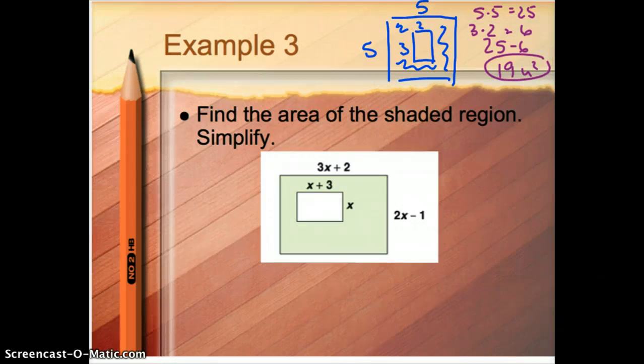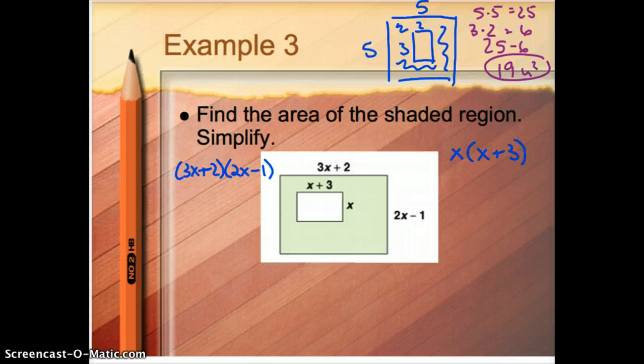So what I'm going to do is find the area of the outer rectangle first. So I'm going to do 3x plus 2 times 2x minus 1. Then I'm going to find the area of the inner rectangle, so x times x plus 3. And then after I got those two answers, I'm going to go ahead and subtract them.